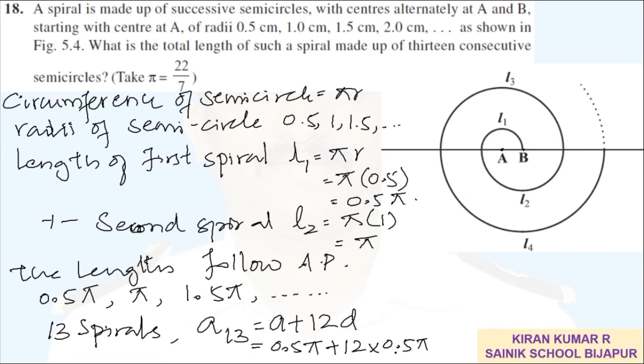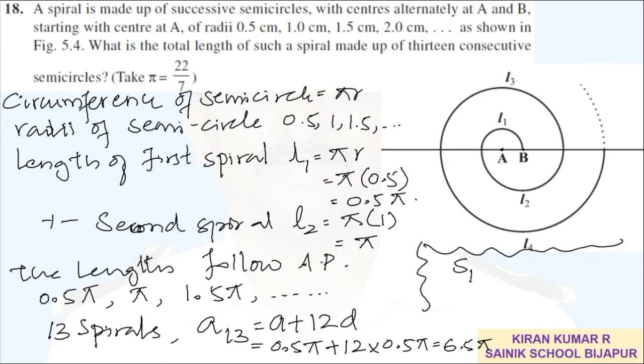So 0.5 multiplied by 12 will be 6. So it becomes 6.5 pi.